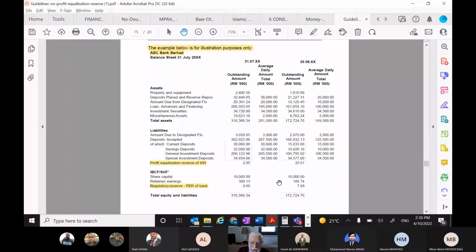And here the AAOIFI standard only talks about the time of liquidation of the bank, of dissolving the bank. If the bank is to be dissolved, goes bankrupt, then the PER should be given to charity, not to depositors, because those depositors at the time are not the ones from whom it was deducted.